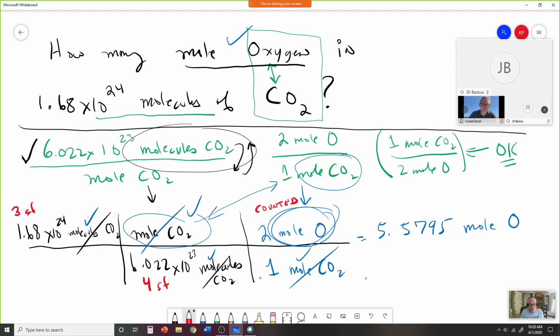And so we go 3 and 4, so our answer should be 3 SF. We go by least number of significant figures. We count over. We go 1, 2, 3. We look one more over, and we have 5.58 mole oxygen with significant figures.